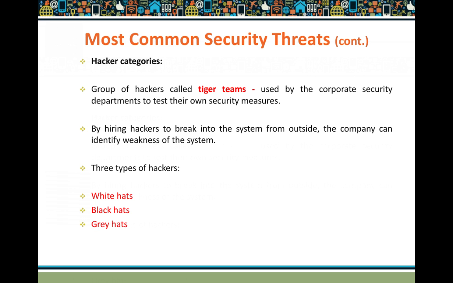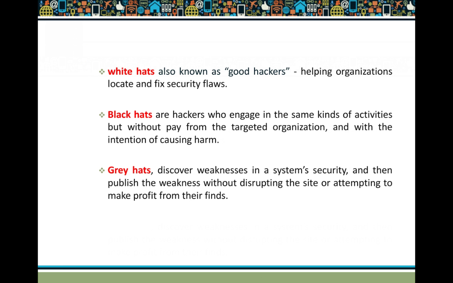By hiring hackers to break into the system from outside, the company can identify the weaknesses of the security system. Now we can have three types of hackers: white hats, black hats, and grey hats. White hats, also known as good hackers, help organizations locate and fix security flaws.